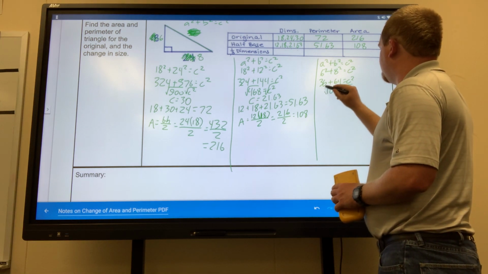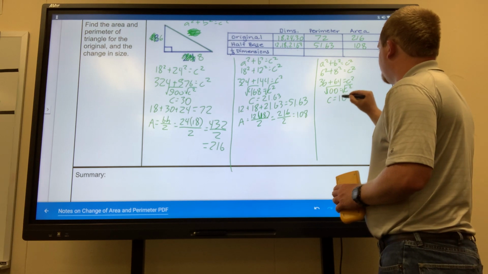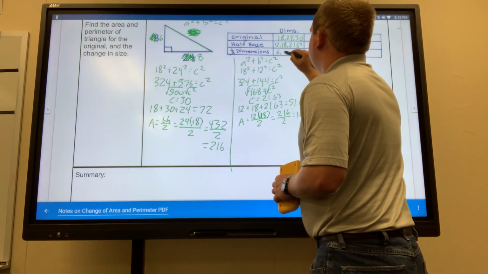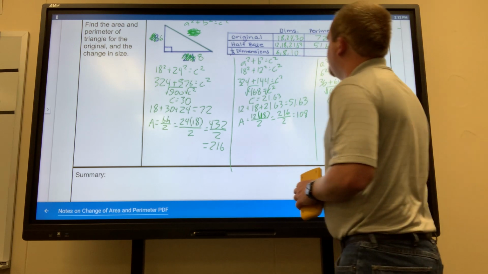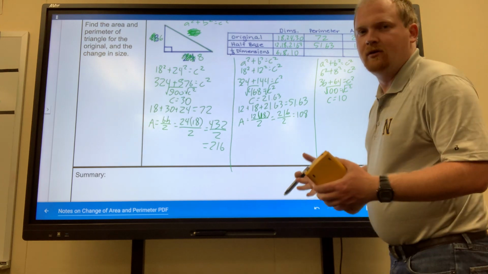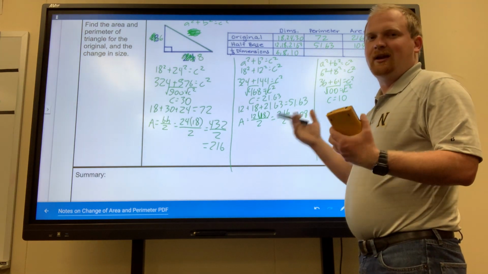Take the square root of that. C is going to give me 10. So my dimensions are 6, 8, and 10. Okay? Simple idea. Now, because those are just my lengths.